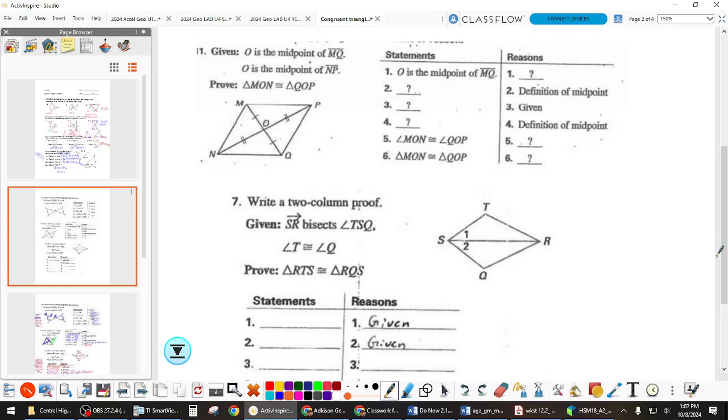To conclude the unit, you're going to come across two types of proofs. One, and what we'll focus on first, do you see how both of these ask us to prove that a triangle is congruent to another triangle? Okay, so proving triangle congruence.